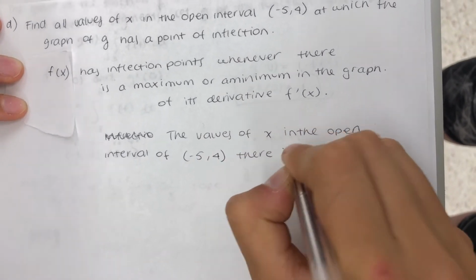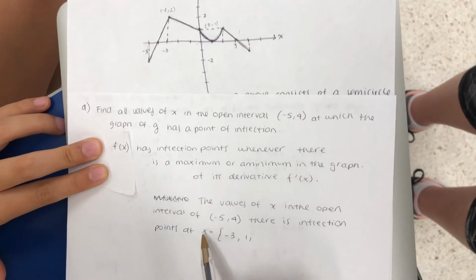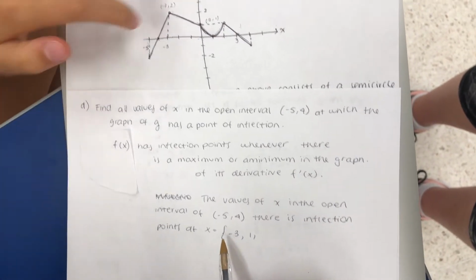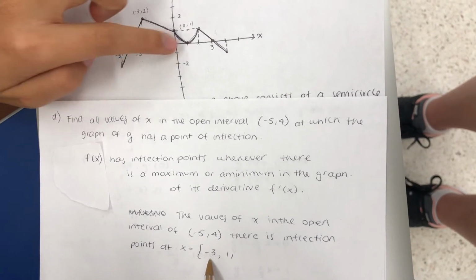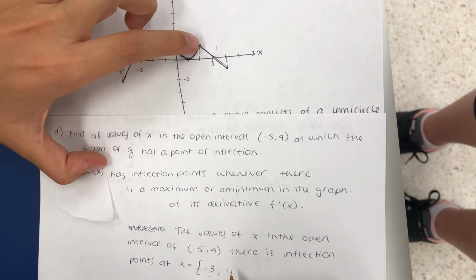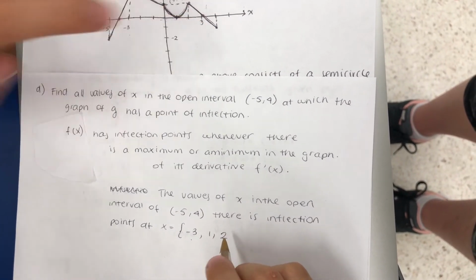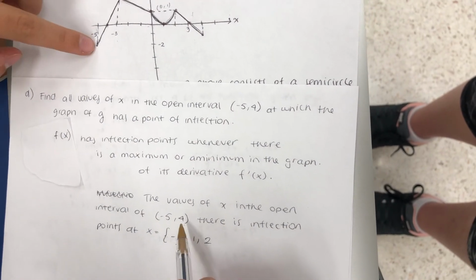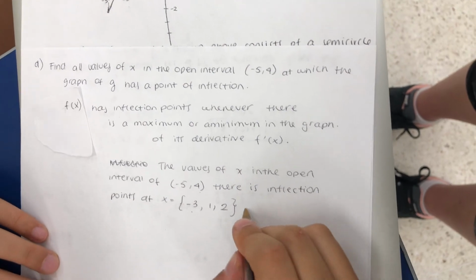There are inflection points at x equals -3, because here there is one inflection point and in x it is -3. Then this was another inflection point, so it will be 1, and here there is another inflection point, so that will be 2, and that's it, because -5 and 4 are not included, so we will not take them into account. So this is our final answer.